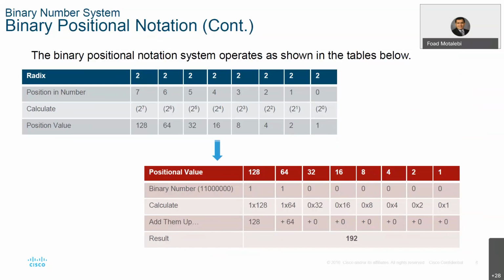You just have to practice and bring it back. So all you have to do is calculate. Wherever you have ones, just add those up, because the zeros will generate a 0. Over here, the 1s are at the 128 position and the 64 position. Add them together and you get 192. So the binary number 11000000, its decimal equivalent is 192.